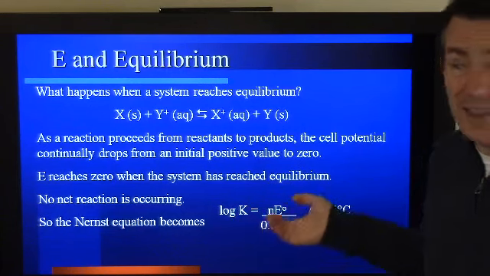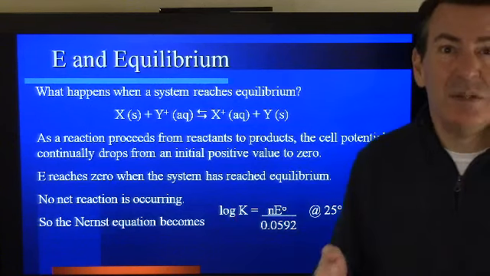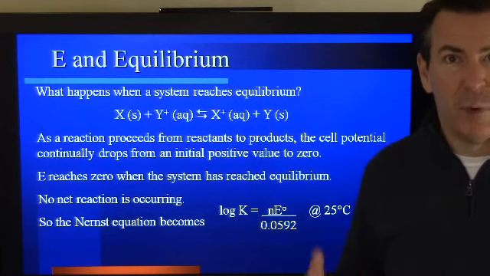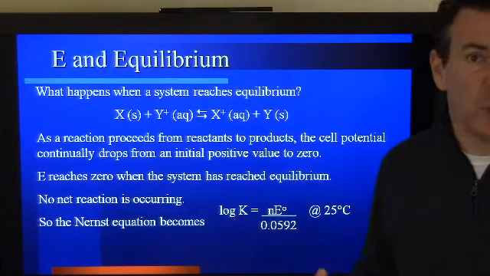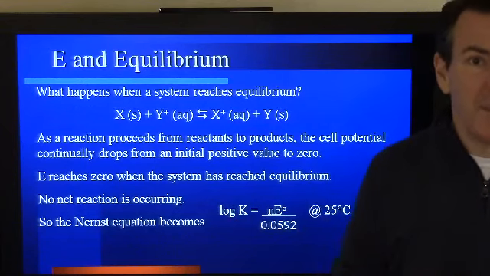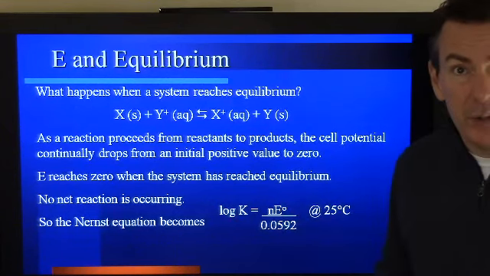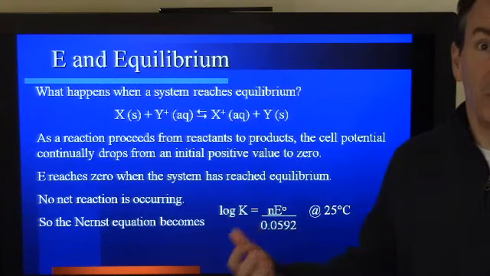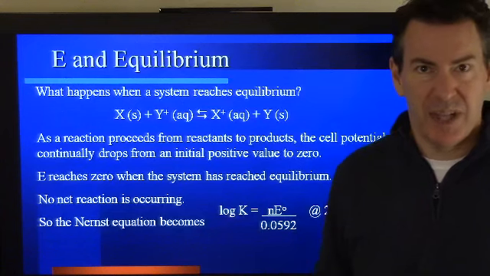If it's a positive 1 volt E0 value, you're talking about 10 to the 100th power for a K value. Essentially what that means is these redox reactions are pretty much completely product favored; they really like to make products. Or when you start seeing negative E0 values that are again around 1 volt or larger, then those are almost completely reactant favored. So kind of the flip side of that.